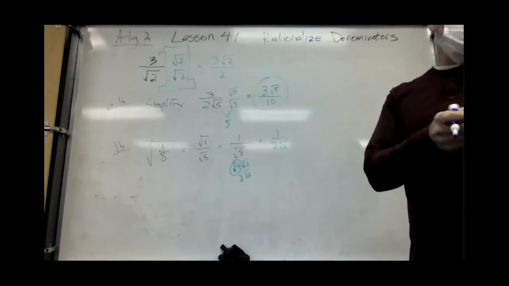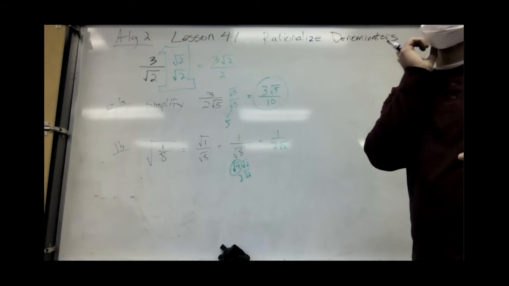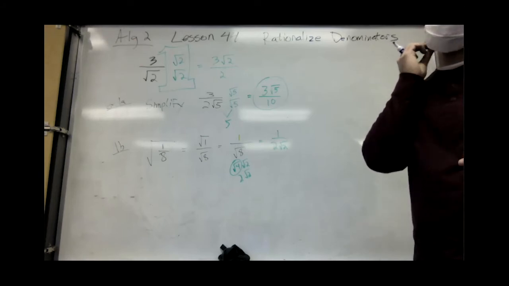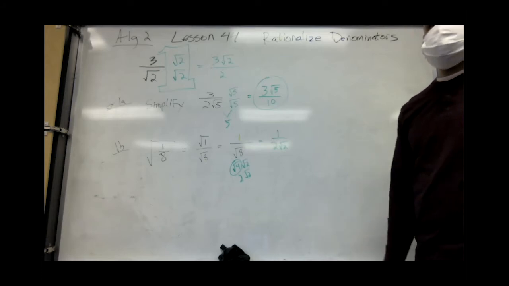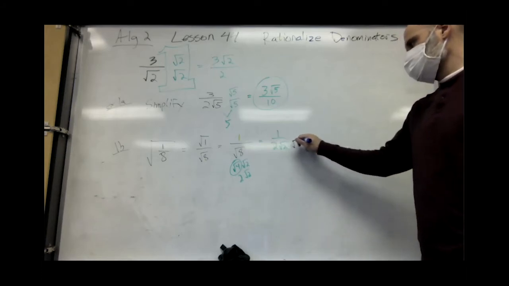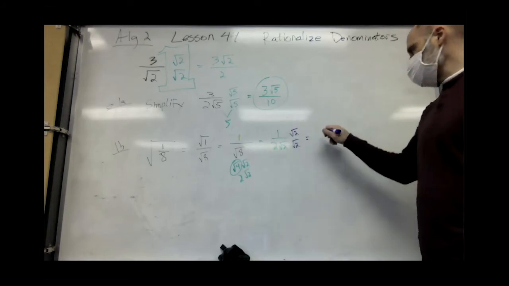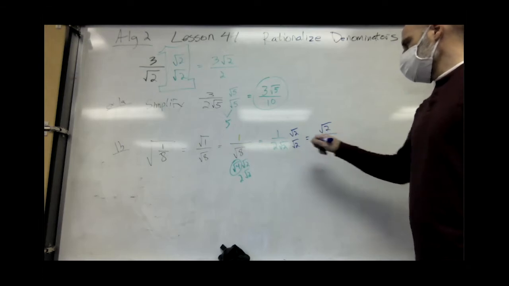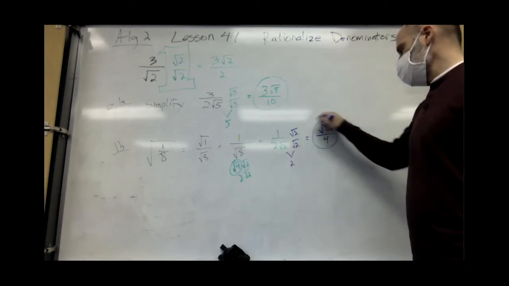So how do you get rid of that radical 2? Multiply top and bottom by radical 2. Right. So 1 times radical 2, no problem. Radical 2. 2 times 2 is 4. So that's it for there.